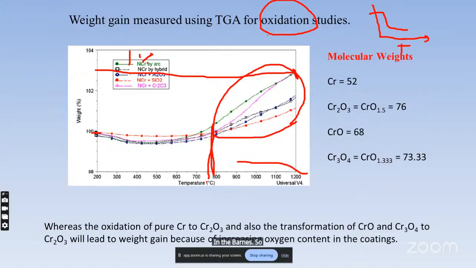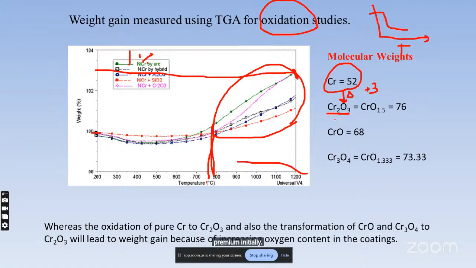So the metal alloy will get oxidized, it will form oxide. So this is nickel chrome. Chromium has an atomic weight of 52. When you heat chromium, it will form chromium oxide, Cr2O3. Plus 3 is a stable oxidation state for chromium initially.